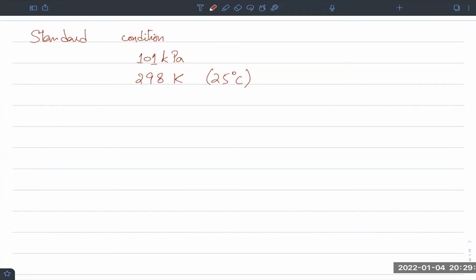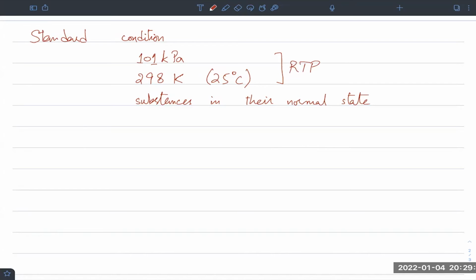And then the third part is that substances should be in their normal state. Now, what does a normal state mean? It means the state at room temperature. Because if you notice, 25 degrees Celsius is room temperature and 101 kilopascals is room pressure. So this part, we have already seen as RTP, and this is the extra part: substances must be in normal state.